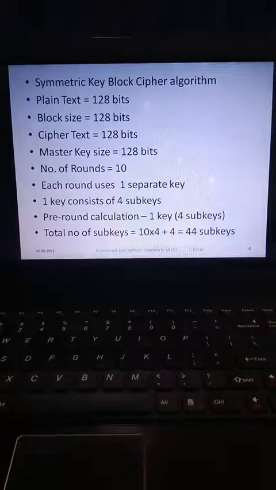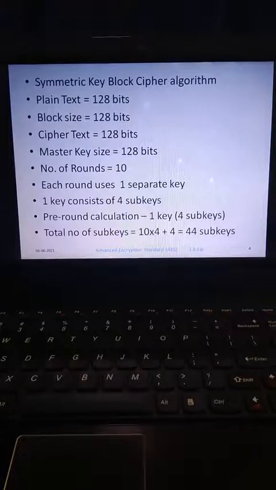The master key is of 128 bits, and as the number of bits is 128, the total number of rounds is taken as 10, in which each round uses one separate key, because here we represent one sub key as one word, and one word is equal to 32 bits.